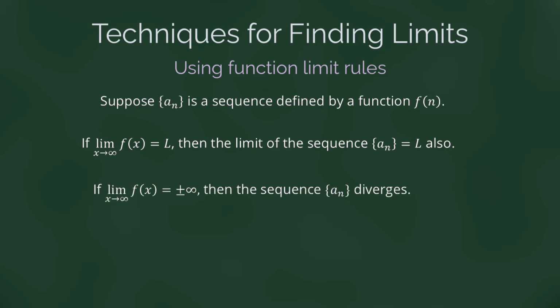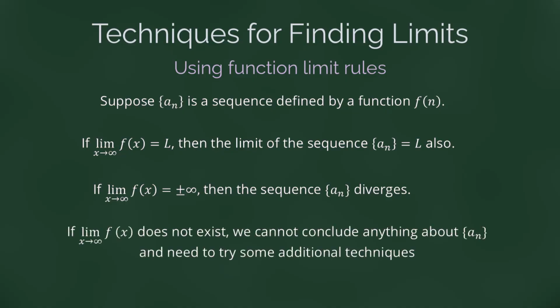If instead the limit as x approaches infinity of f of x is either positive or negative infinity, then the sequence a sub n diverges and has no limit. In the last case, if the limit as x approaches infinity of f of x does not exist, then we can't conclude anything about the sequence itself, a sub n, and we need to try some additional techniques. Let's look at a few examples to understand each of these cases.